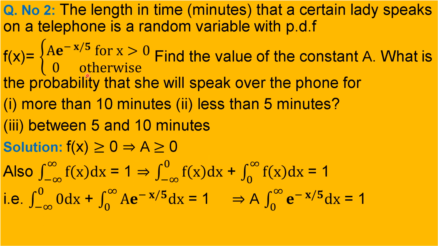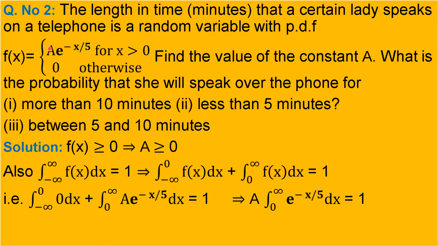Just look at this f of x. It is in the form alpha into e power minus alpha x. So in the power of e, alpha is 1 by 5.